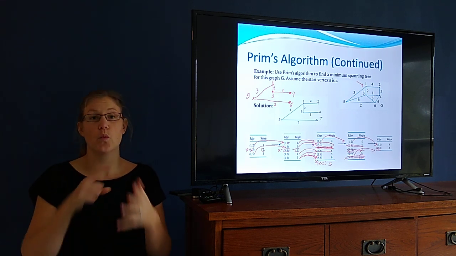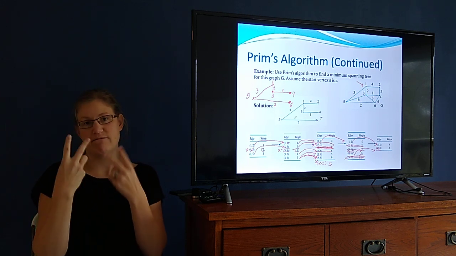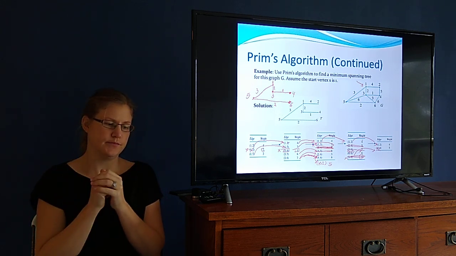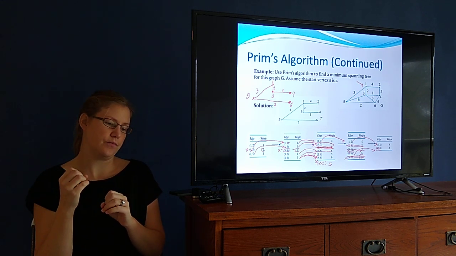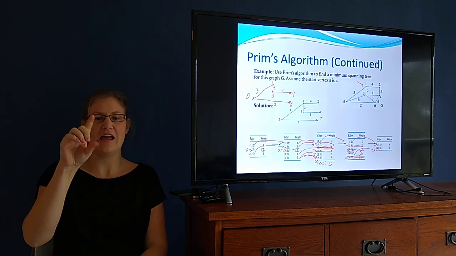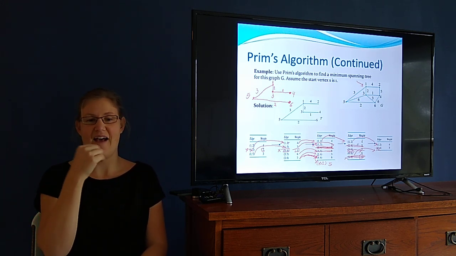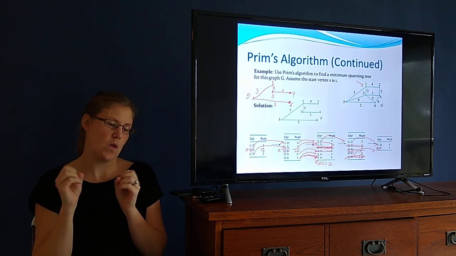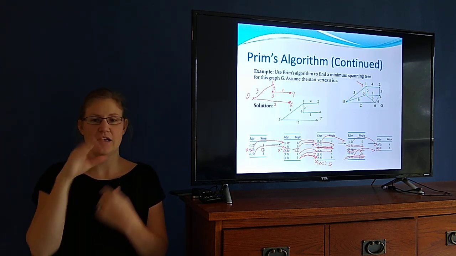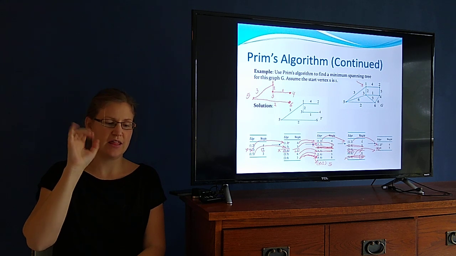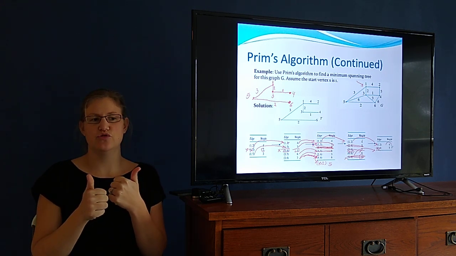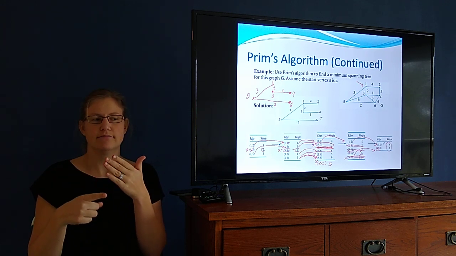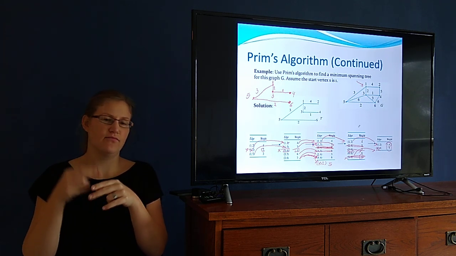And how about 4 and 6? Both of them are in the spanning tree. So we need to have an edge that has only one unvisited node. Okay, so in the last table we have the edges that connect 1 to 2 and 4 to 2. What is the minimum weight here? It's 4, which is 1 and 2.